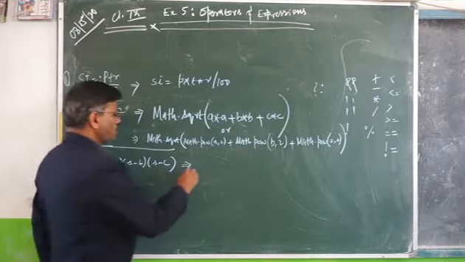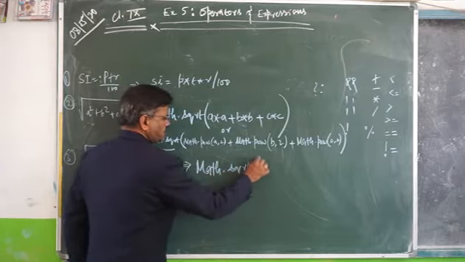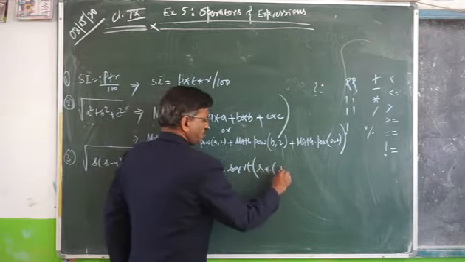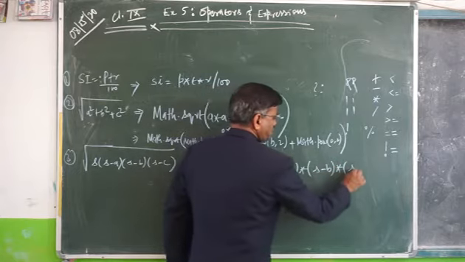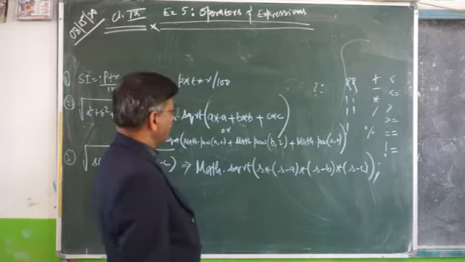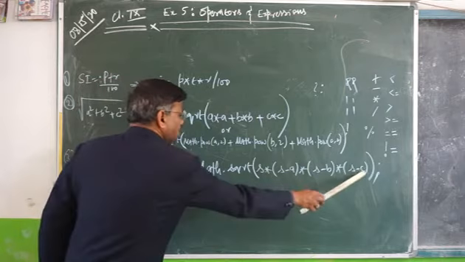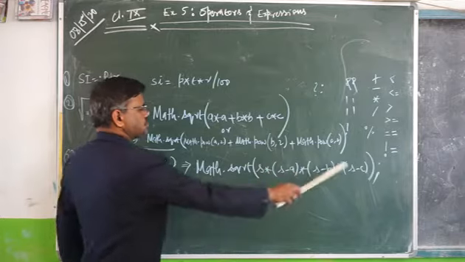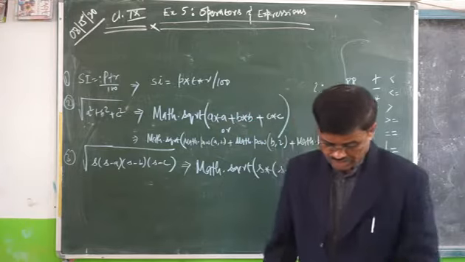Whenever there is a square root, what you need to do is math.sqrt of s into s minus a into s minus b into s minus c. The whole lot, whatever has been given, will be in the square root. This is what the formula is.